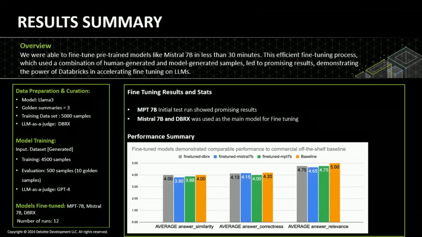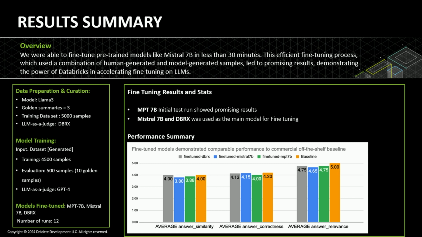Okay, so let's take a quick look at the results here, and we'll be doing a deep dive of the results in just a few slides. But let me start by saying, in the entire fine-tuning exercise, the most important part is your data and the quality of your data. It all starts with your data.